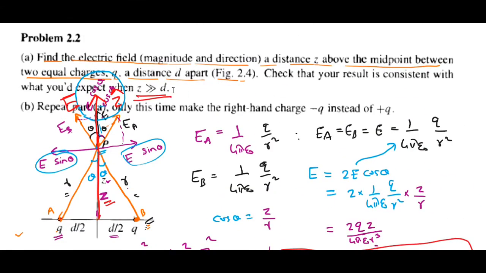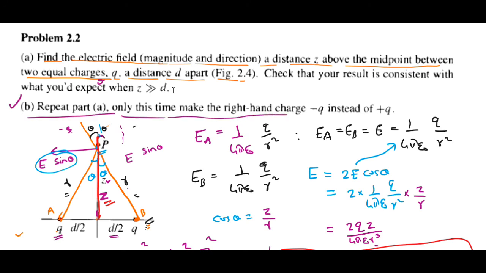Okay, now the second question, question B. Repeat part A, only this time make the right-hand charge minus q instead of plus q.